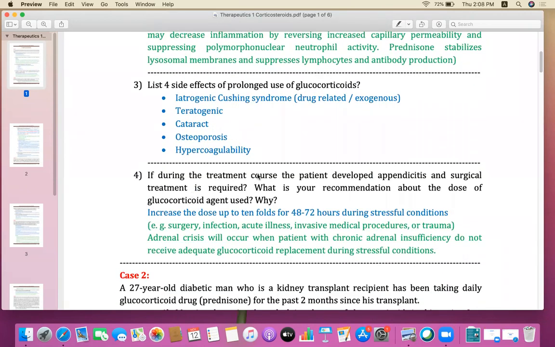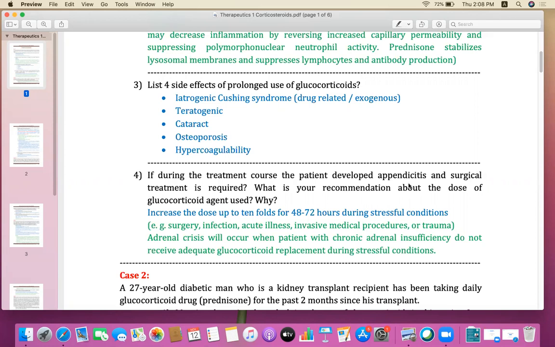If during the treatment course the patient develops appendicitis, inflammation of the appendix, and surgical treatment is required, what is your recommendation about the dose of glucocorticoid agent used and why? Now, we discussed in the lecture, if the patient is on chronic glucocorticoid therapy, and there is surgical treatment, that means severe stress.